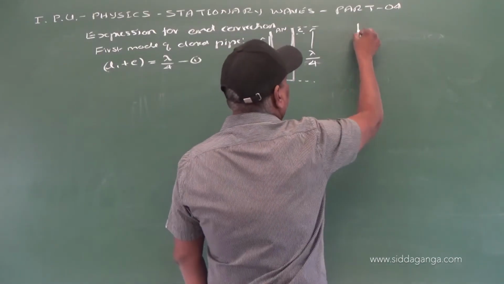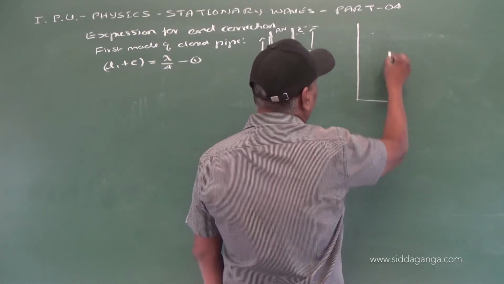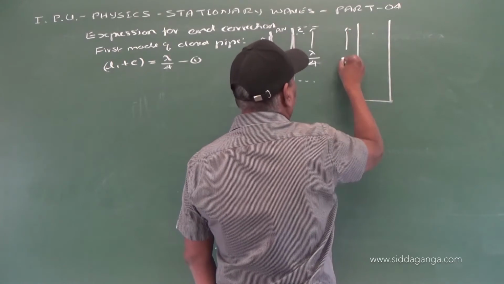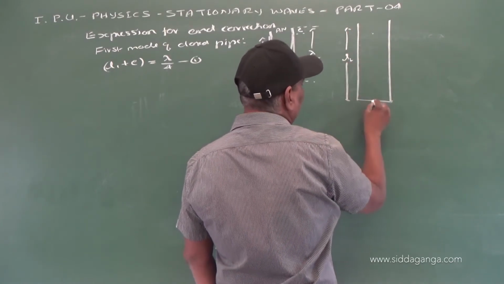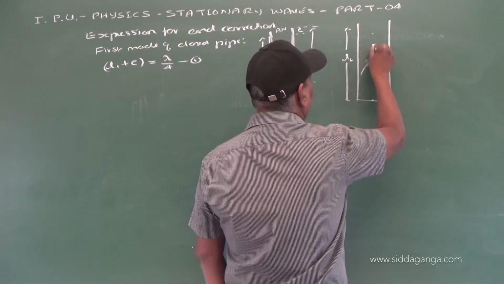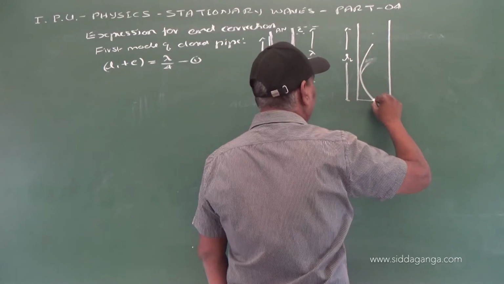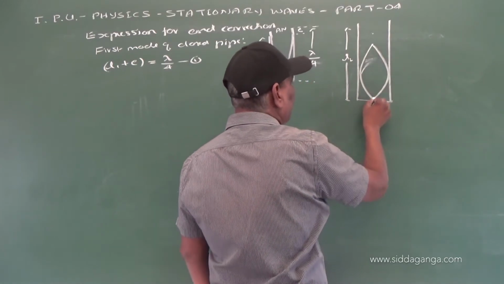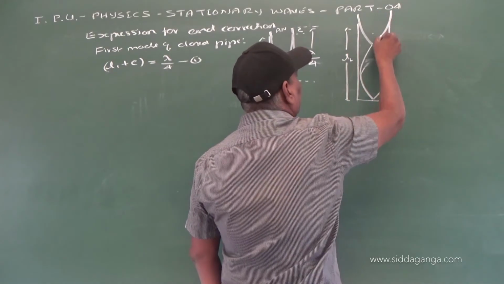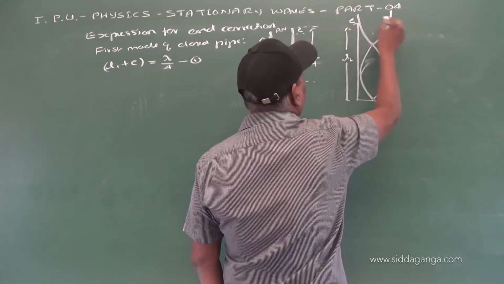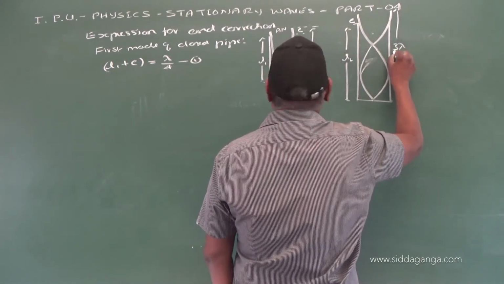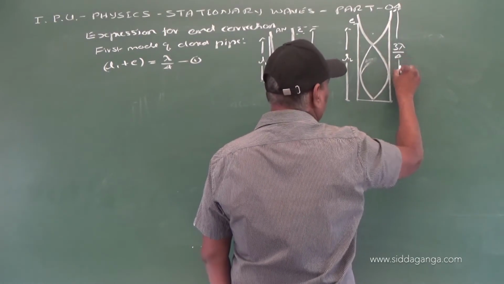Now, suppose if we go on increasing the length of the pipe, say for another length L2, we will obtain one and a half loops. This is E, and now this distance is 3 lambda by 4.